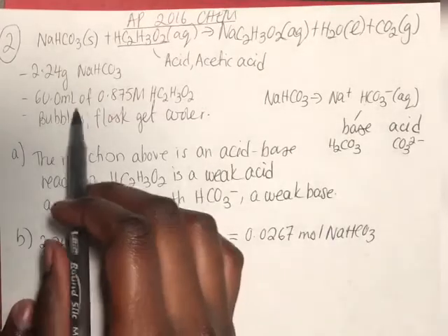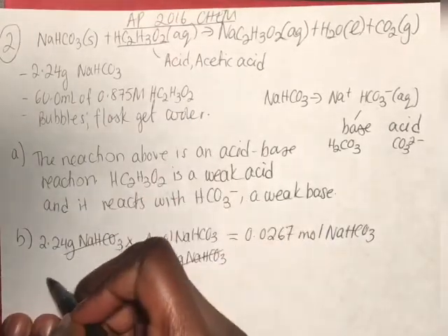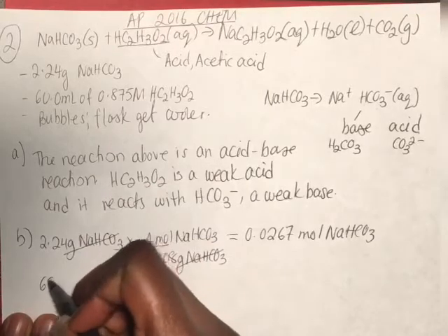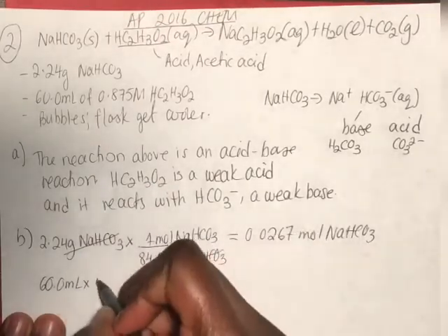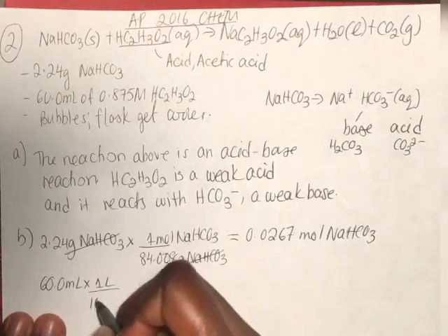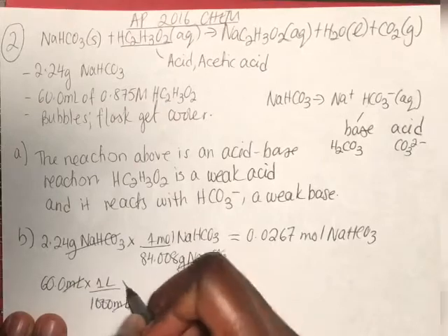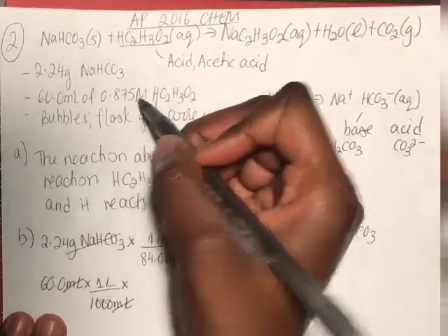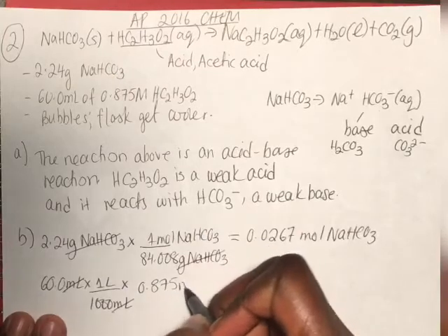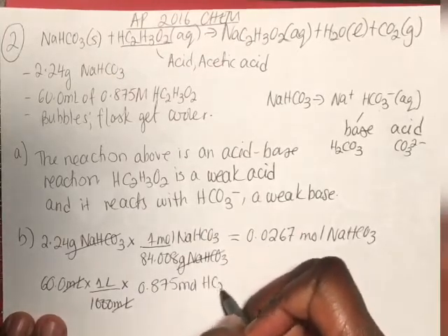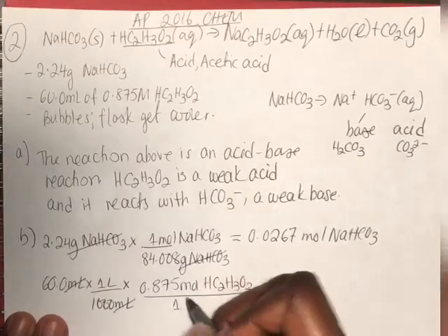Next, we want to convert this into moles. So we have 60 milliliters. Liters at the top, milliliters at the bottom, because you want milliliters to cancel out. And then we have molarity, which we know is moles over liters. So 0.875 moles of acetic acid over 1 liter.